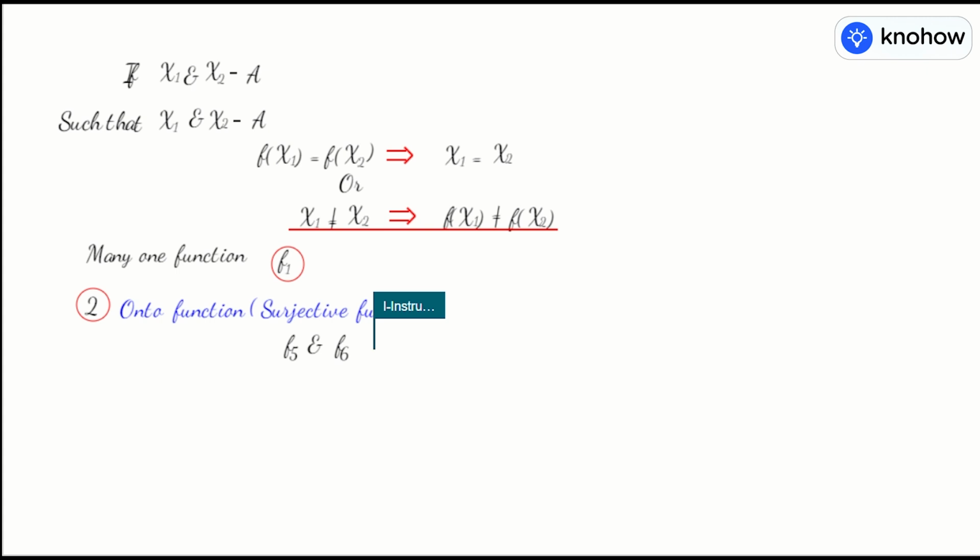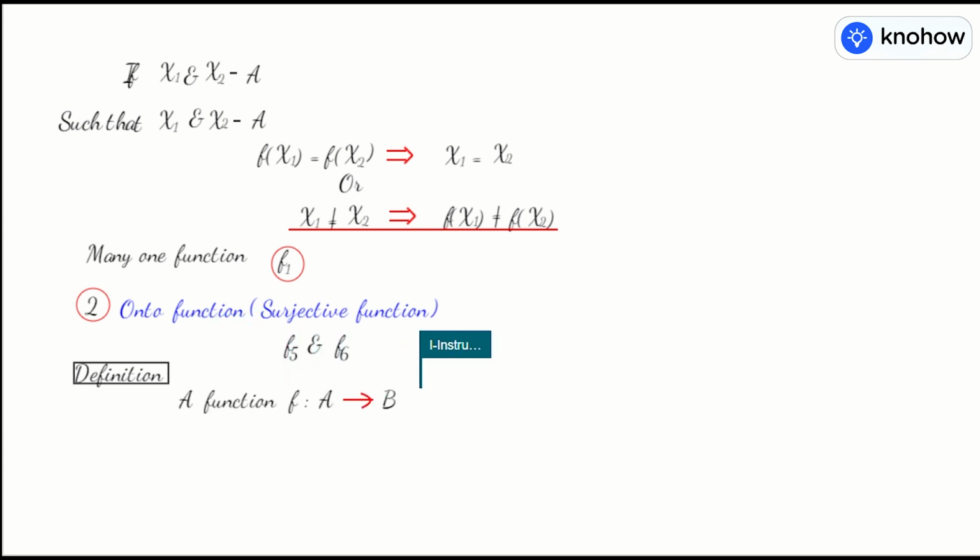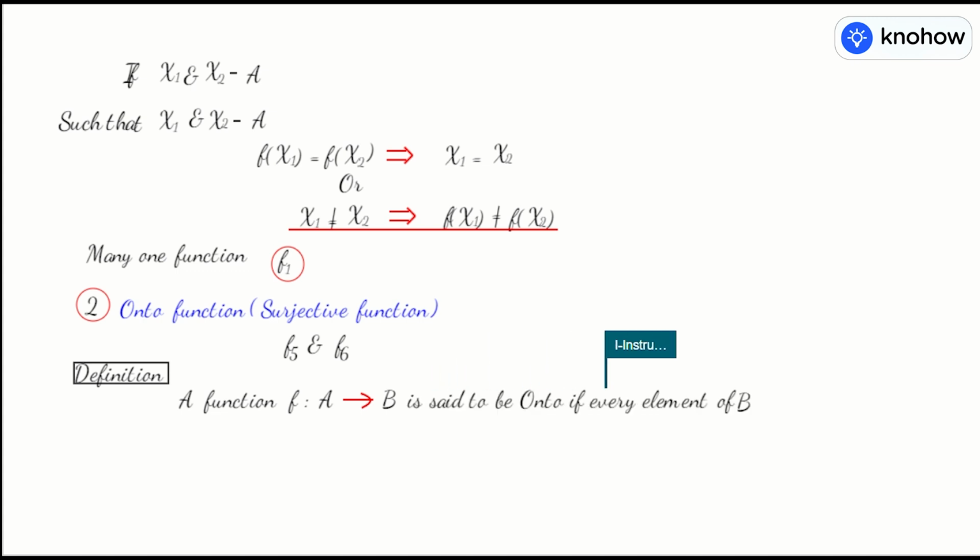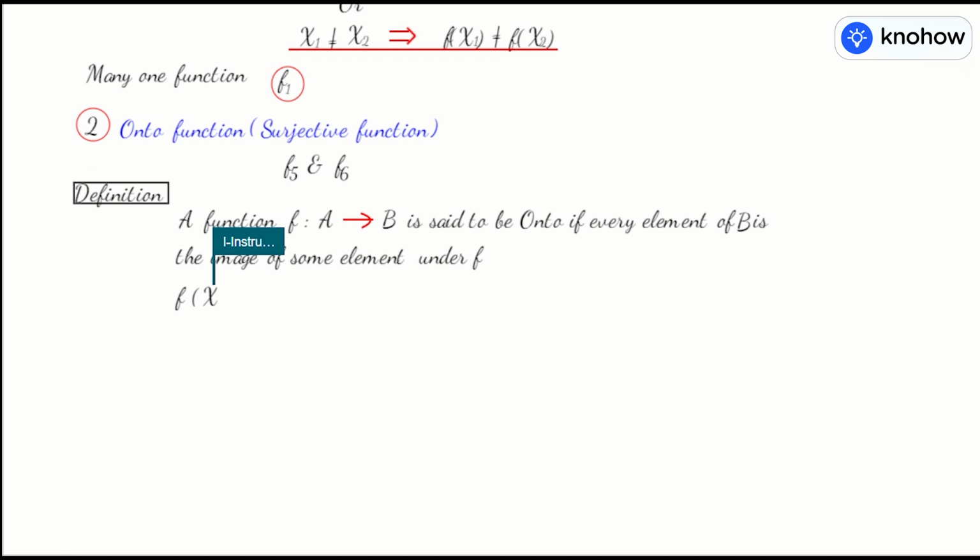Let me define. Now please note down the definition. A function f from A to B is said to be onto or surjective if every element of set B is the image of some element under f, that is, for every value of y there is some element x in A such that f(x) is equal to y.